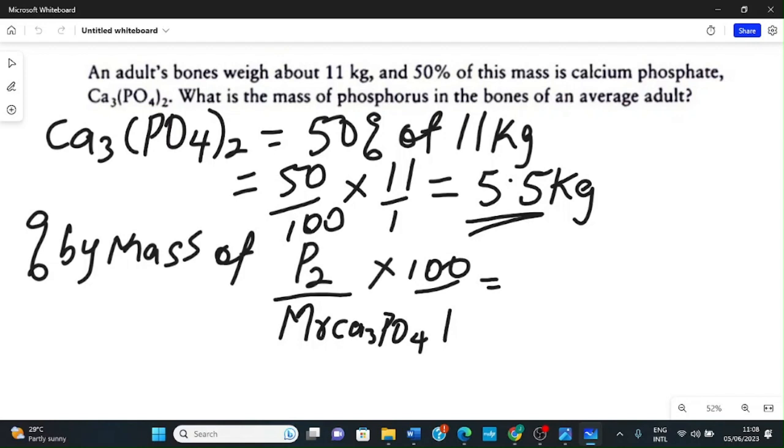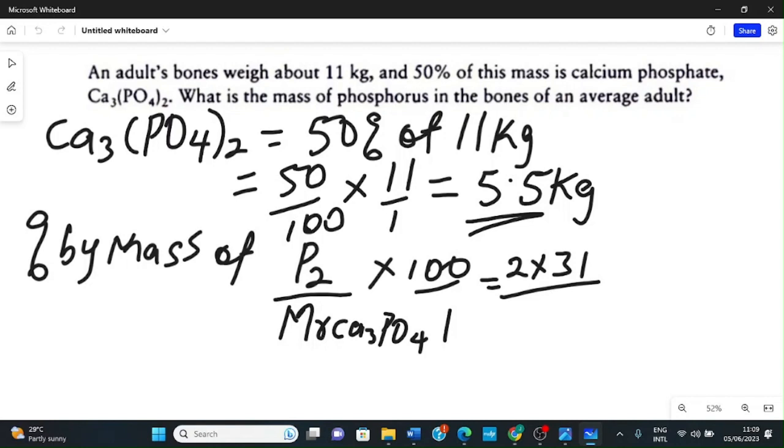So calcium phosphate is Ca3(PO4)2. We have 2 atoms of phosphorus, which is 2 times 31, over the molar mass of calcium phosphate. If you have to calculate the molar mass of calcium phosphate, calcium is 40, phosphorus is 31, oxygen is 16. So let's do that.